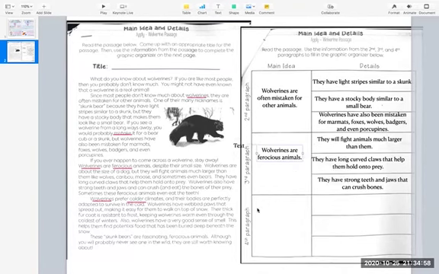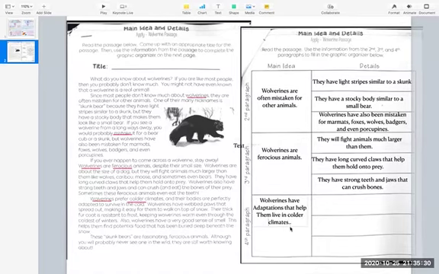Let me do some copy pasting. Let me get my main idea down here. Wolverines have, I love using a word that we've learned about this week, adaptations that help them live in colder climates.